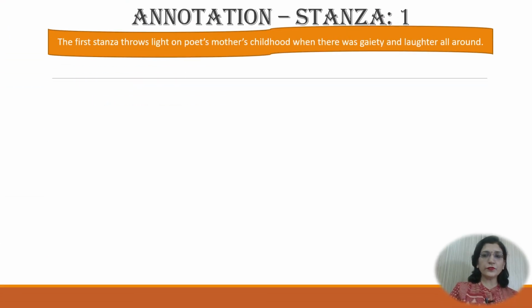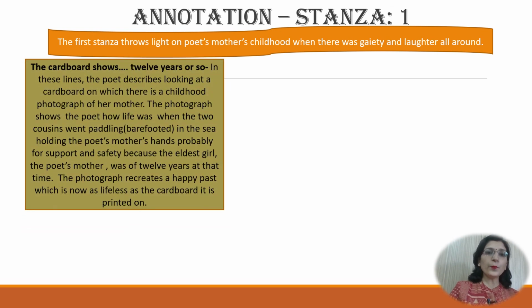Here, I'll give you a blow-by-blow explanation of the first stanza of this sensitive poem. The first stanza throws light on poet's mother's childhood when there was gaiety and laughter all around. In the opening four lines, the poet describes looking at a cardboard on which there is a childhood photograph of her mother.